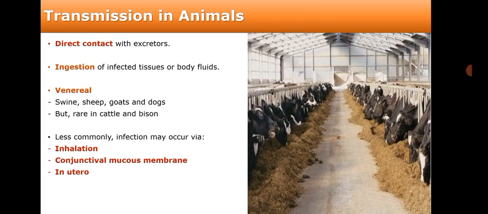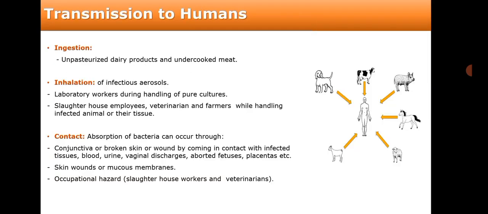Via contact, that is absorption of the bacteria, can occur through conjunctiva or broken skin or wound by coming in contact with infected tissue, blood, urine, vaginal discharges, aborted fetuses, placentas, etc. Via skin wounds or mucous membranes and occupational hazards in slaughterhouse workers and veterinarians.